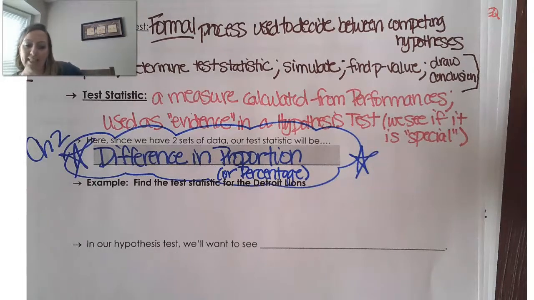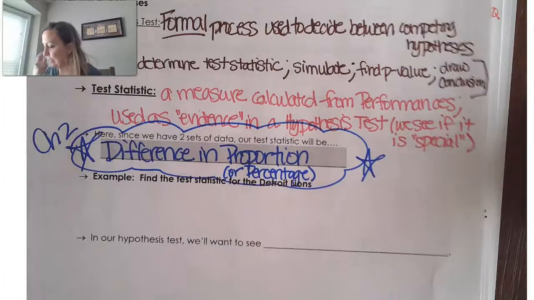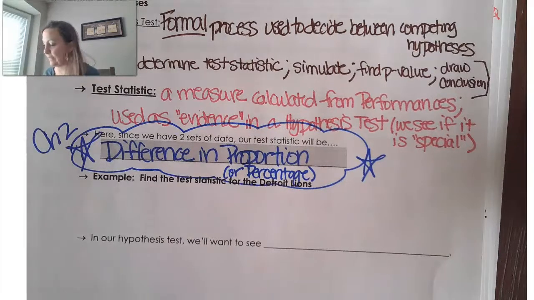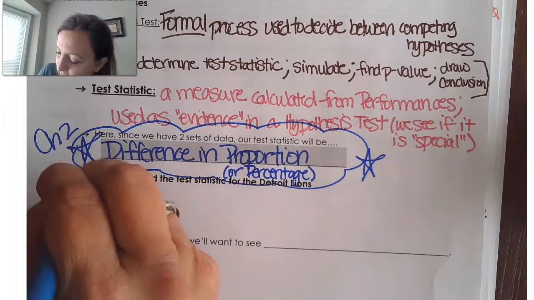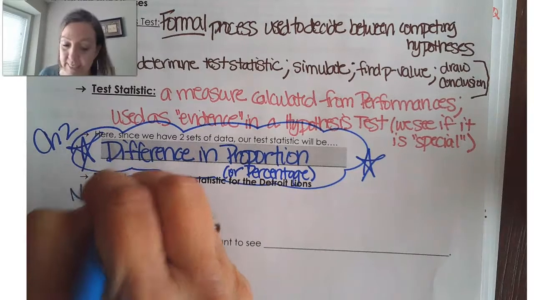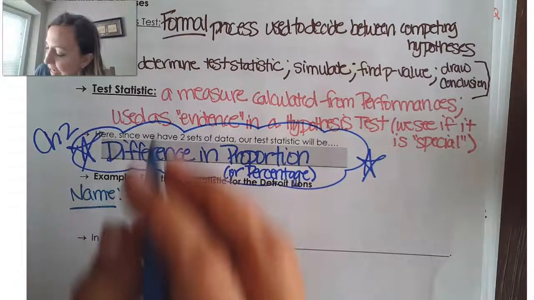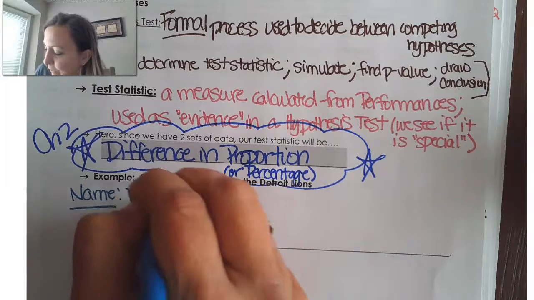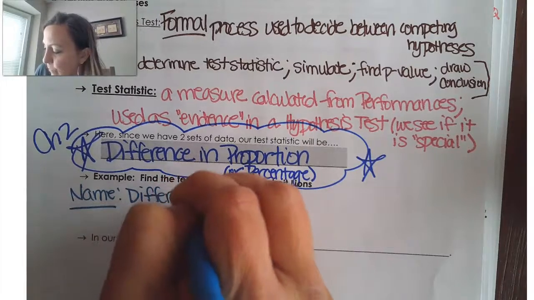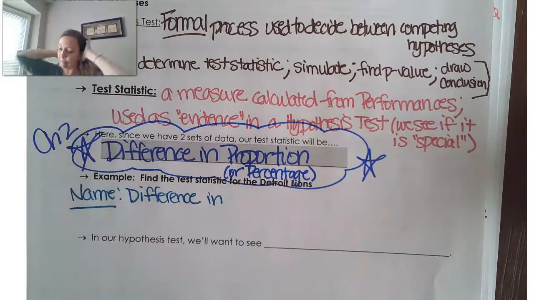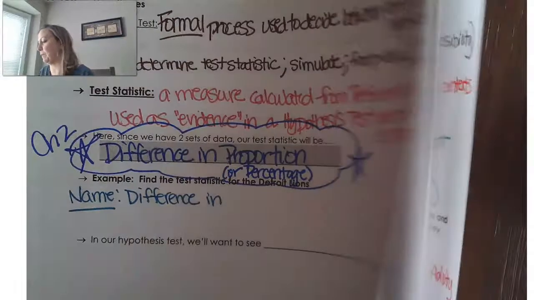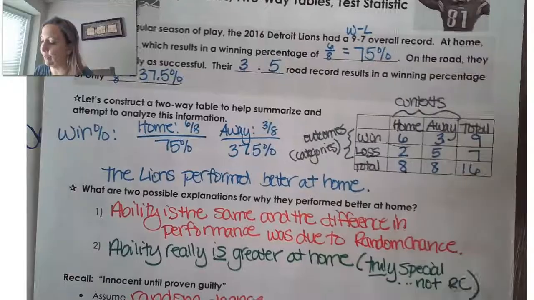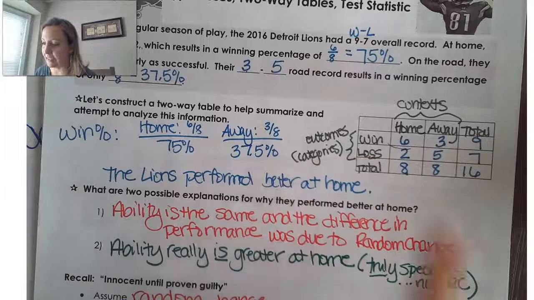So it says to find the test statistic for the Detroit Lions. If we wanted to find the test statistic for the Detroit Lions, first of all, I want us to talk about the name of the test statistic. And I don't want us just to say difference in proportion. Remember when we looked back at the Detroit Lions, I know this was a couple pages ago, we were looking at their wins and losses.